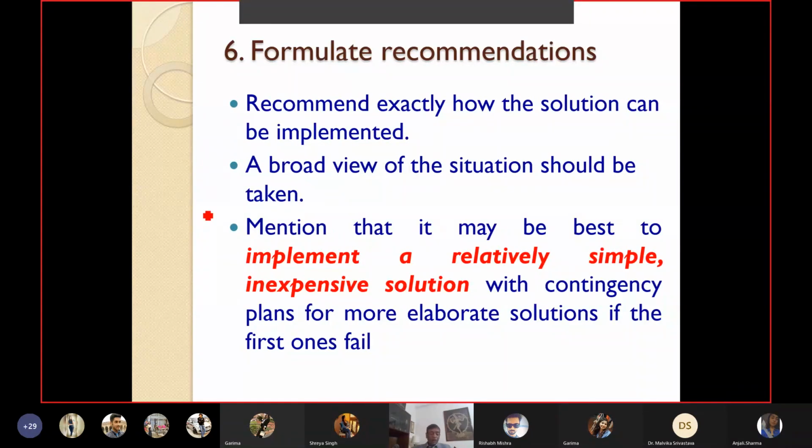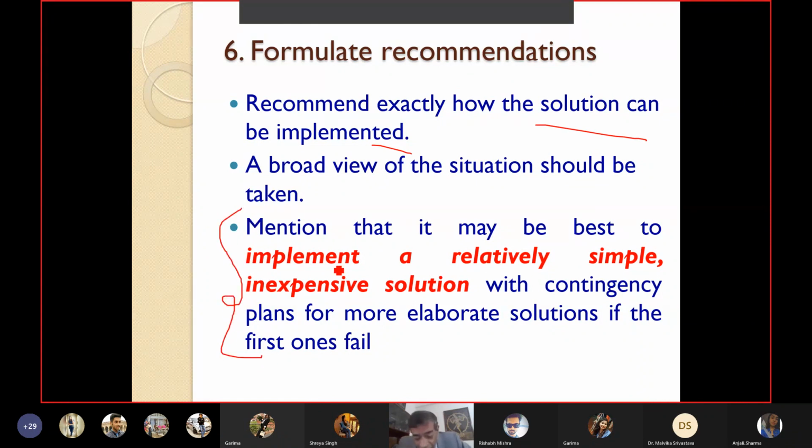Lastly, when you've applied everything, when you've done your recommendations and you've allocated resources and removed constraints, recommend how the solution can be implemented. Now, this is a very important part in a case study.